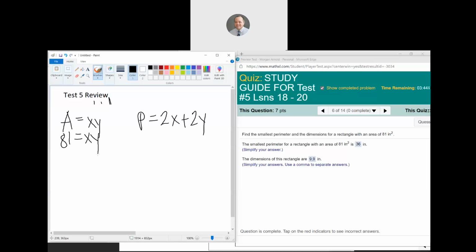It does not matter. You'll end up with the same perimeter and dimensions. I'm going to divide both sides by x. So y is equal to 81 over x, or 81 x to the negative 1 power.